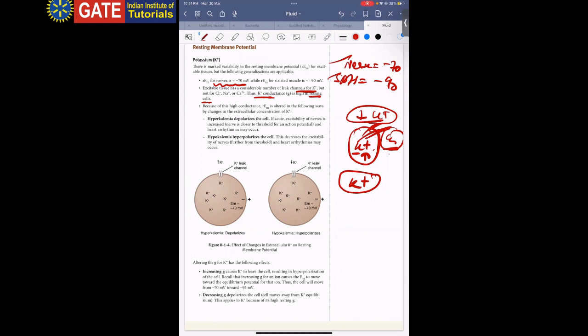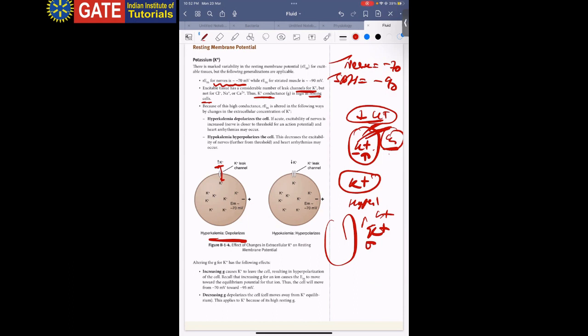So what happens? In hyperkalemia, there will be excess of the potassium outside the cell. This is hyperkalemia, so outside potassium will increase. Hyperkalemia will actually cause the excess of the potassium to move now inside the cell, not outside.